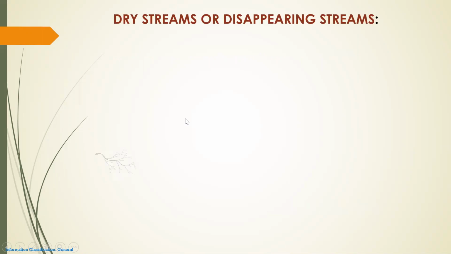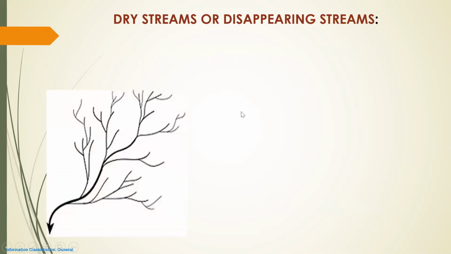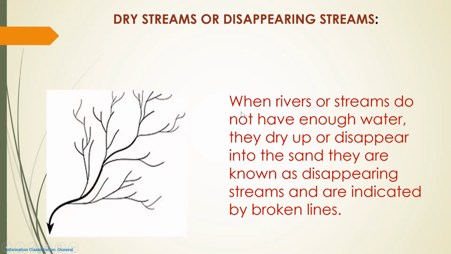And dry streams or disappearing streams are the fourth category of our drainage pattern. And you can see here, it's also like our first drainage pattern. When rivers or streams do not have enough water, they dry up or disappear into the sand. They are known as disappearing streams and are indicated by broken lines. Here we can see in our topo map, indicated by broken lines because they are disappearing streams.